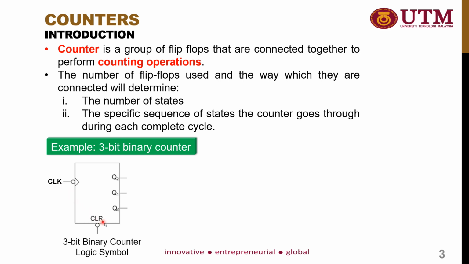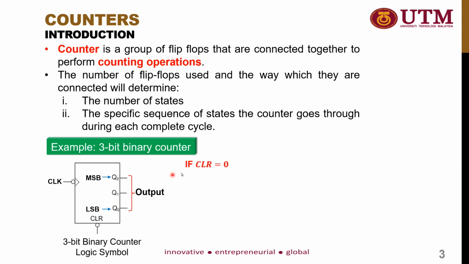The second input is the clear input, which is usually used to clear the count. If the CLR is activated, the count will reset. Then we have three outputs, which are Q2, Q1, and Q0. Usually Q2 is the MSB and Q0 is the LSB.